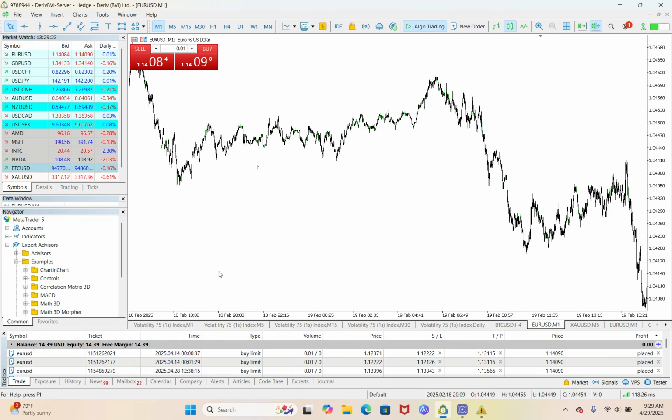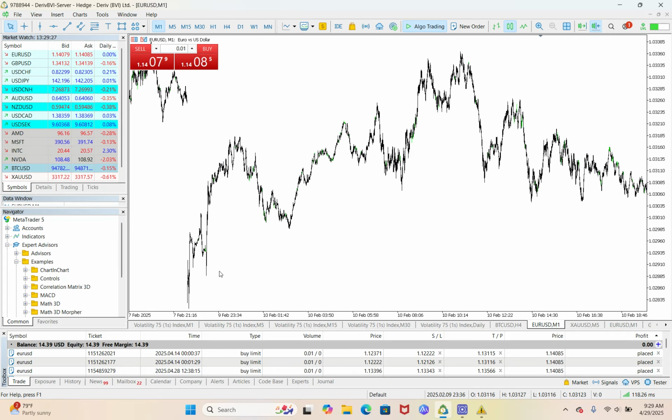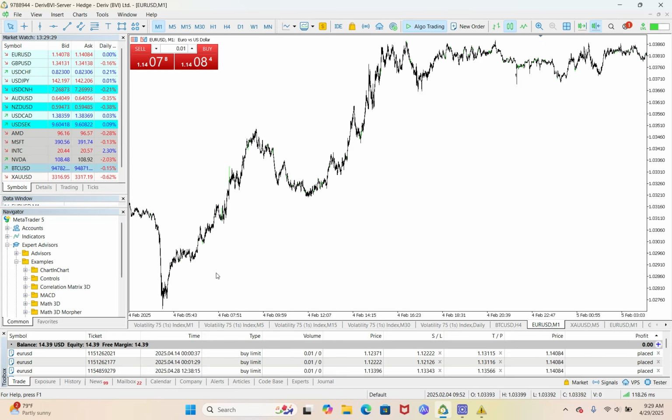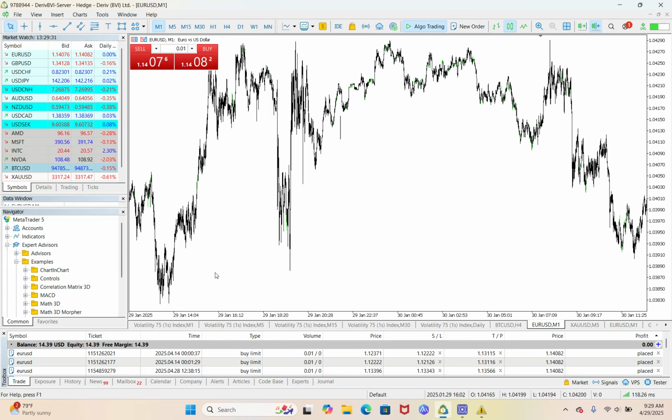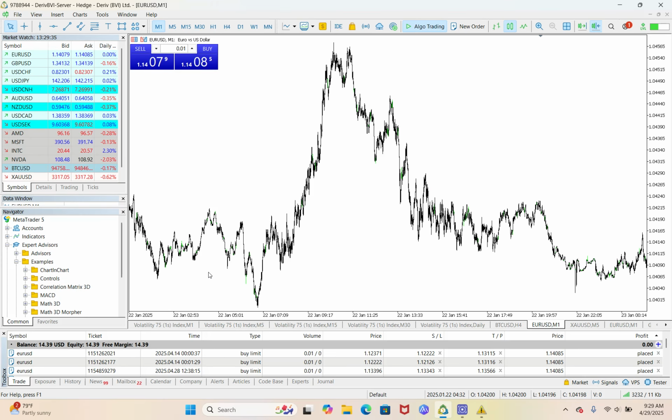Market movement doesn't change. I can go all the way back to the end of this chart. So we don't have any more data. If you look at the date down here where I'm pointing, 22nd of January 2025. We're in April 2025.